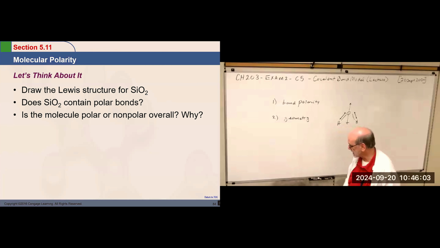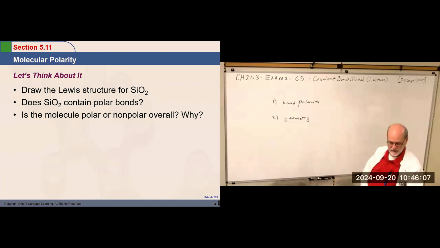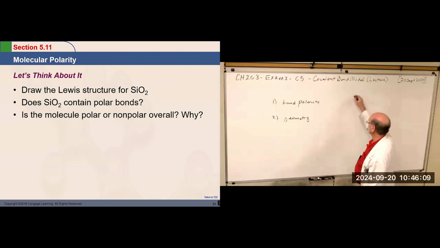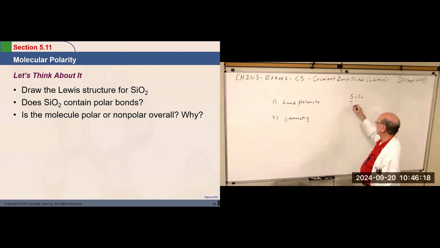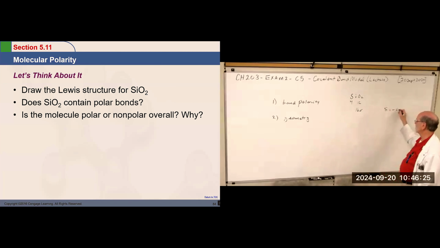All right, so if we do silicon dioxide and work out the geometry, first thing we have to do, we have, let's see, silicon is 4, and 2 times 6 is 12, so we have 16 electrons. We put silicon in the middle, oxygen, oxygen, 2, 4, minus 4, so we have 12 left over, 2, 4, 6, 8, 10, 12.